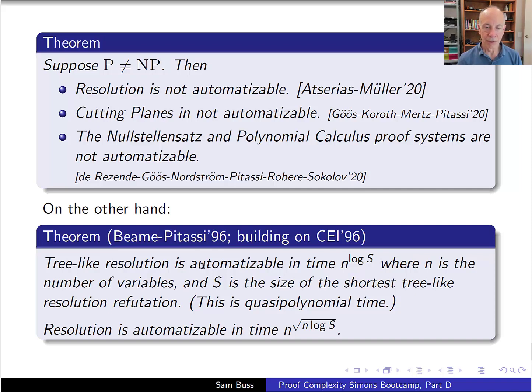In other words, we let S be the size of the shortest tree-like resolution refutation, and n is the number of variables. Then in time approximately n to the log S, it's possible to find some tree-like resolution refutation. For resolution, these methods give a much worse time bound of n to the square root of n log S. But these represent more or less the state of the art for automatizability.